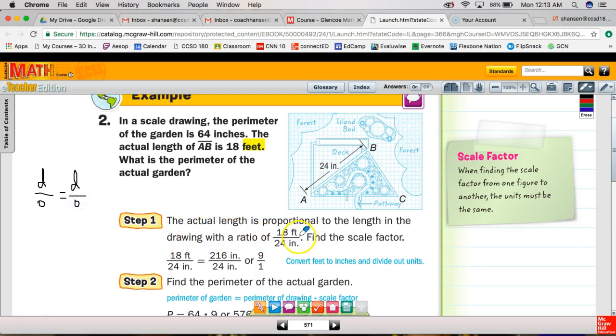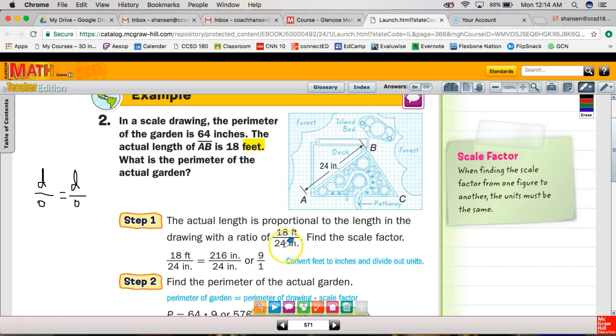The only issue though is I have to make sure that I'm talking in terms of the same units. So I either need to change them both to feet or change them both to inches. A foot is 12 inches, right?